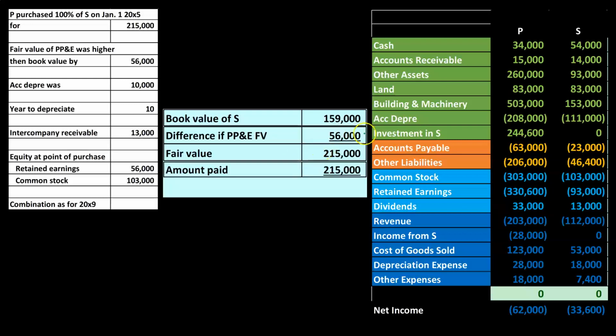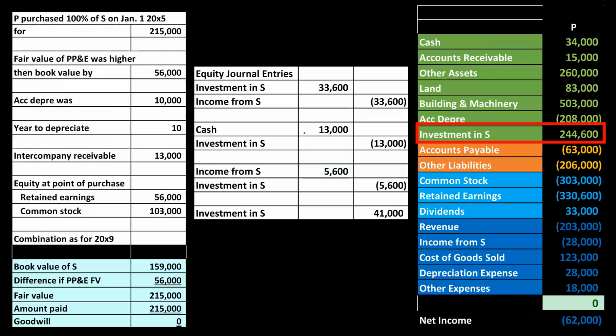If there was some other intangible, such as goodwill, then the payment would still differ and you would have goodwill. In this case, we don't have goodwill. We paid the same amount as the fair value of the net assets. Our main focus here, again, is this difference and the effect that's going to accumulate over 5 years related to the accumulated depreciation on that property, plant, and equipment.